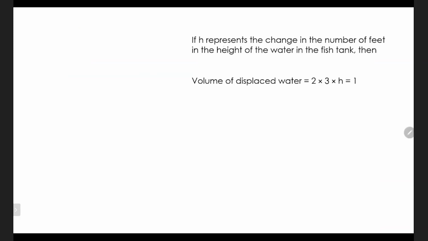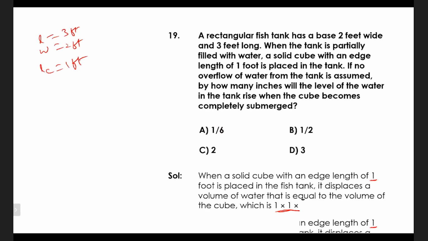Let H represent the change in feet of water. The volume of water displaced is 2 into 3 into H, which equals 1. So H is 1/6 foot. It is option A, right, children?